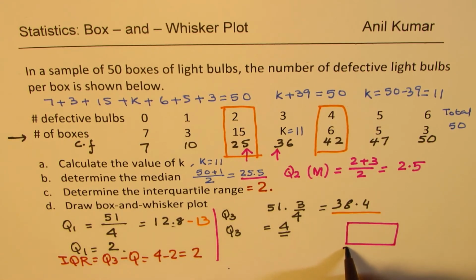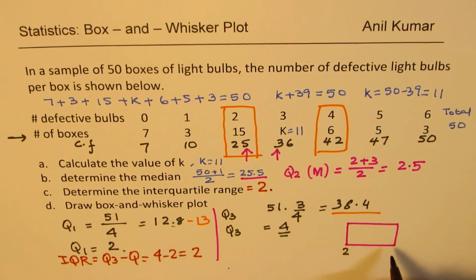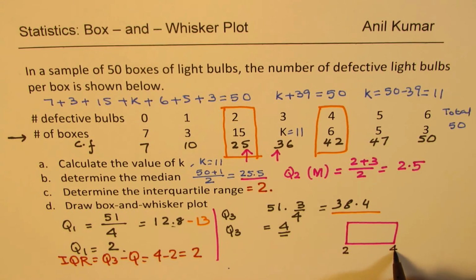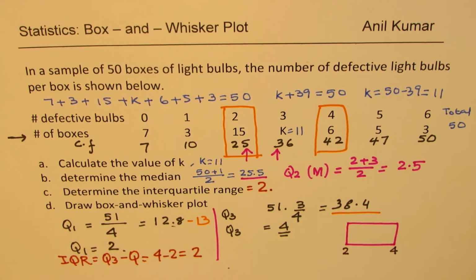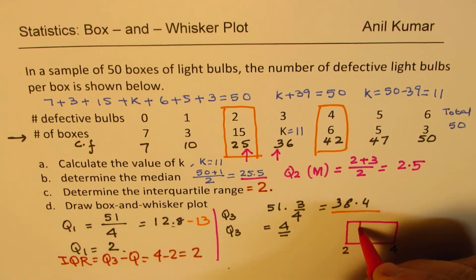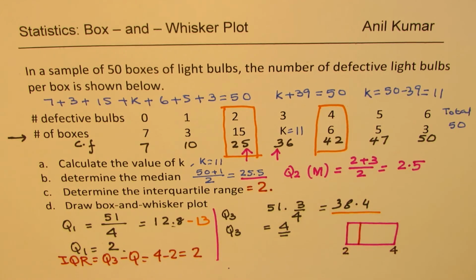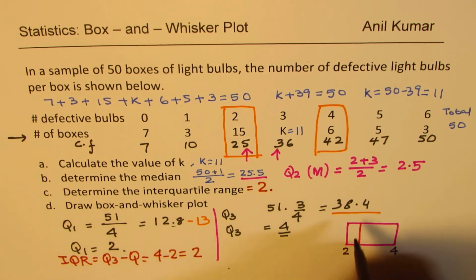Okay, so Q1 is 2, so this is 2 for us. And Q3 is 4, that is 4 for us. And the median is 2.5. So the median basically is much closer to this side. So that is 2.5. We'll write here 2.5.